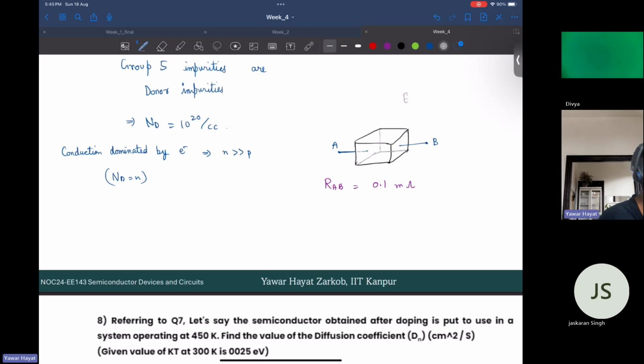Note this edge of the cube is 1 centimeter.